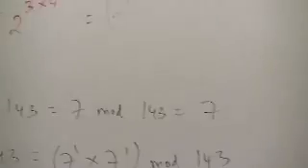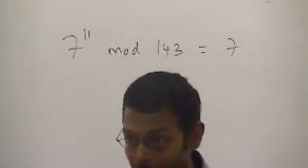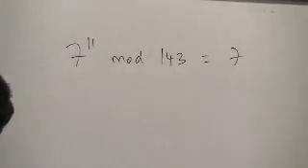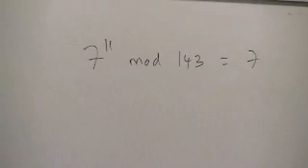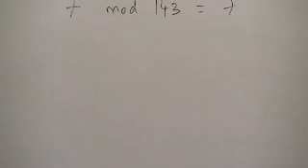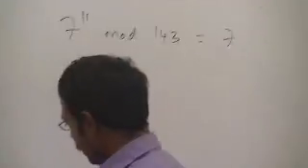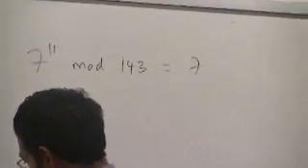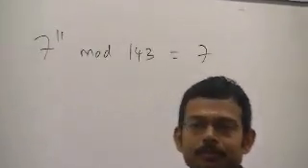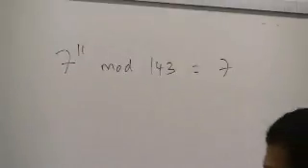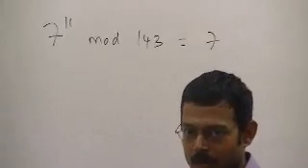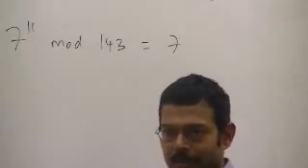So this is where you need to decide which of these things you will make use of. And that's why I wrote this 11 in binary. So 11 is what? 8, 2, 1, right? So 1, 0, 1, 1. So I need to use 7 raised to 8, and then 7 raised to 2, 7 raised to 1.